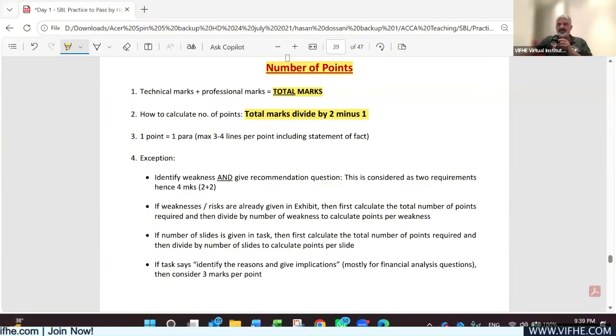Everybody clear on the formula? If it is an 18 marks question, 18 divided by 2 is 9, 9 minus 1, 8 points. 18 marks, 8 points. Very good.